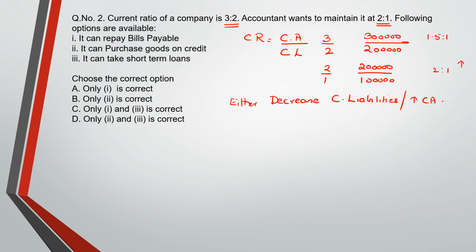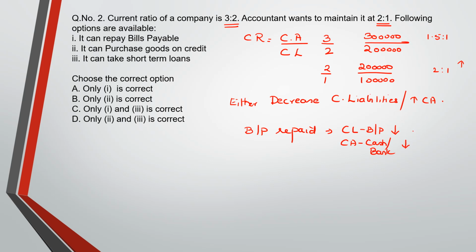It can repay bills payable. So when you repay the bills payable, what happens? Bills payable repaid would lead to the current liability in the form of bills payable being paid off, so it would decrease. So our current liability is decreasing. At the same time, your money in the form of cash or bank, being paid off, would also reduce.